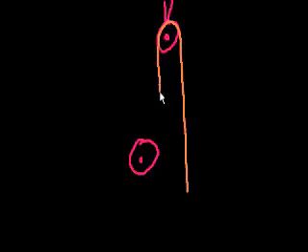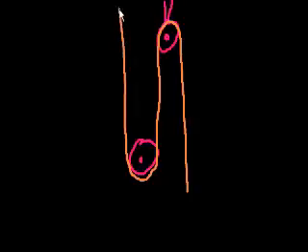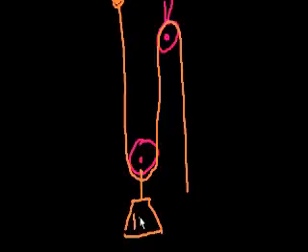And let me see if I can draw my rope in a good way. So my rope starts up, going up like that, then it comes back down, comes around the second pulley, and now this is attached to the ceiling up here. And the second pulley is actually where the weight is attached. And let's just call it a 10 Newton weight again, although it doesn't really matter what its weight is. Let's figure out what the mechanical advantage is.